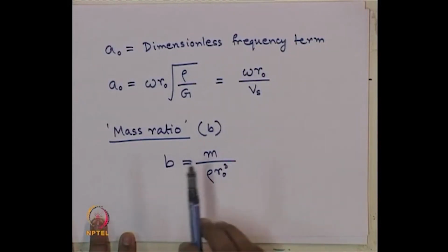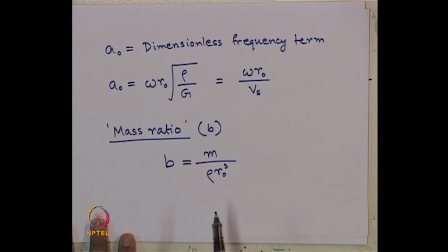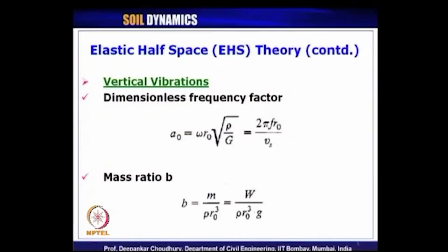So, Reisner's entire displacement functions, this F1, F2, are expressed in terms of these non-dimensional parameters, that is, the dimensionless frequency term and mass ratio. For the vertical mode of vibration, you can see in this slide, the dimensionless frequency factor is calculated like this.